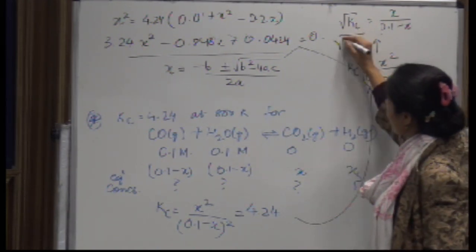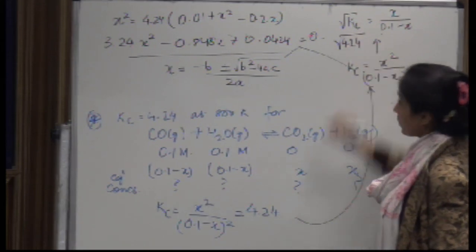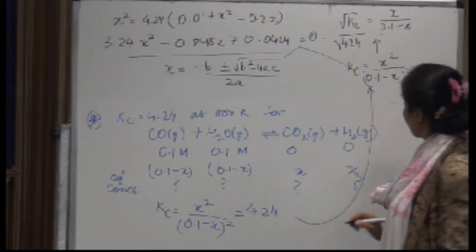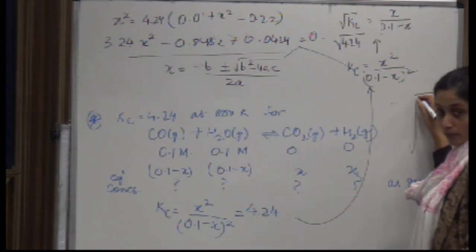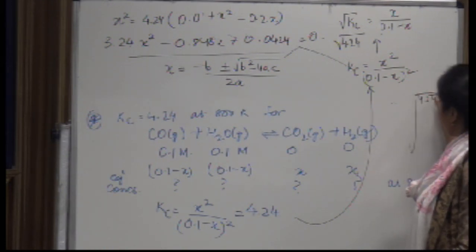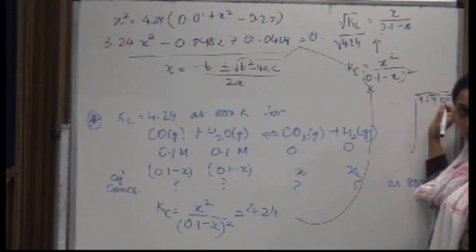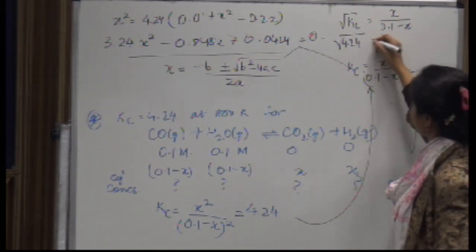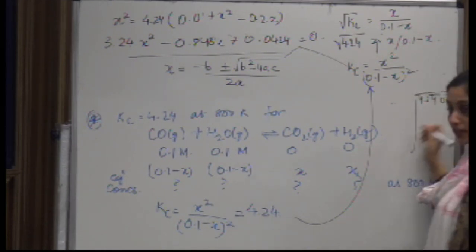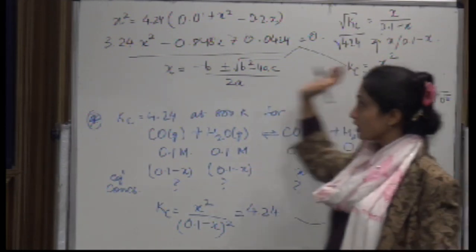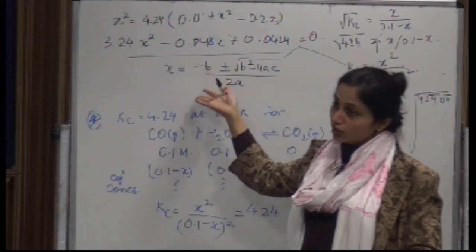The only thing is you should be able to find the square root of 4.24, and I hope you remember how to do that. You take pairs after the decimal, and then you can easily get it, because then your work is solved. So if you are good at finding the square root, this method is good. If you're good in your mathematical calculations, this method is good.